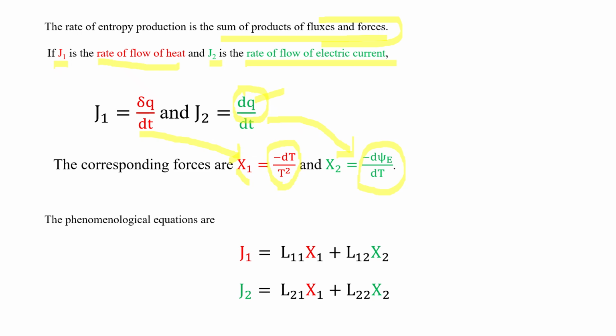So the phenomenological equation, as we have already discussed in the Onsager reciprocal relationship: J1 is equal to L11 X1 plus L12 X2, and J2 is equal to L21 X1 plus L22 X2. We already know how to put this phenomenological equation for the different types of process, which we have discussed in the Onsager relationship.